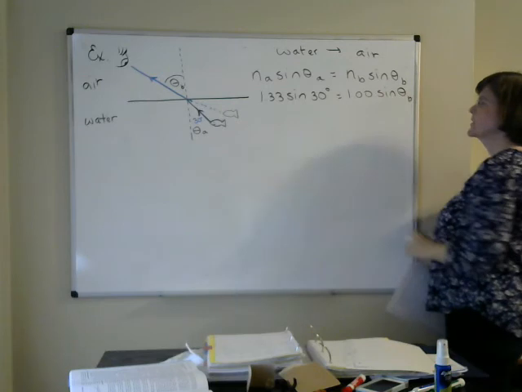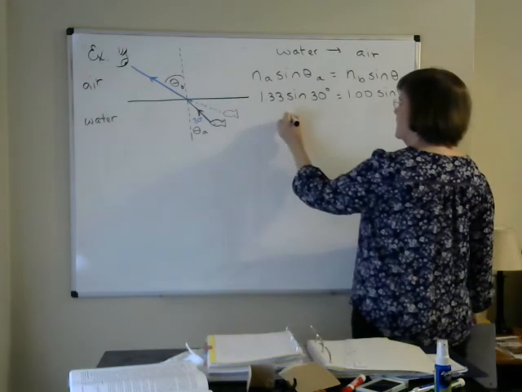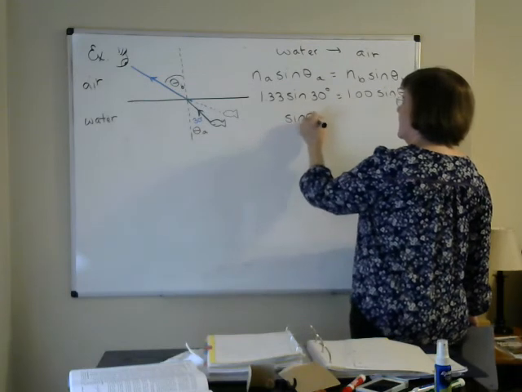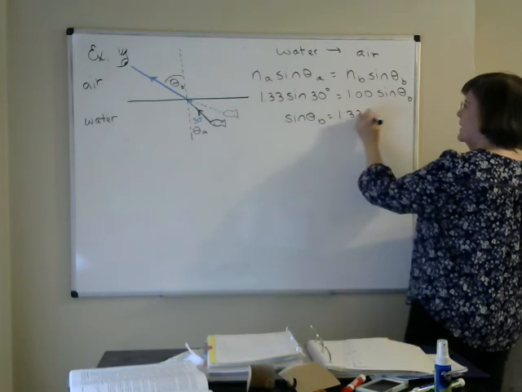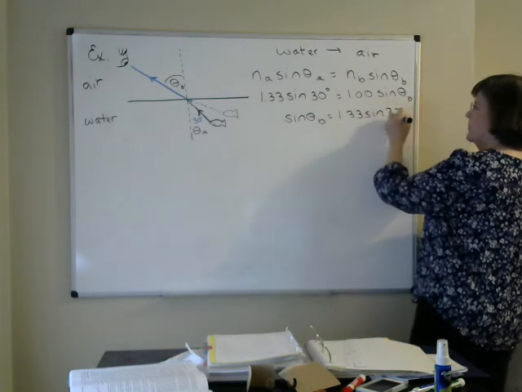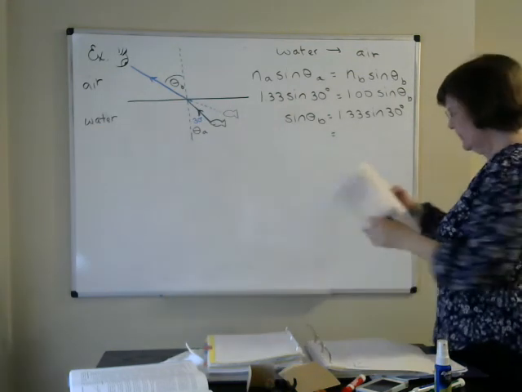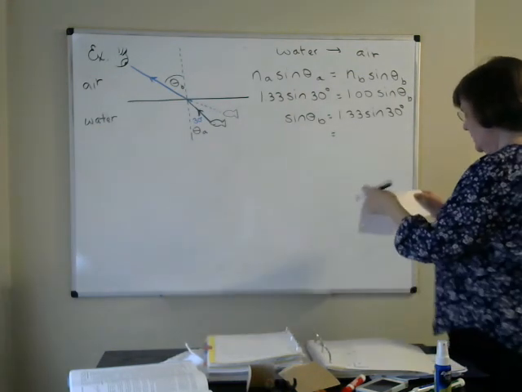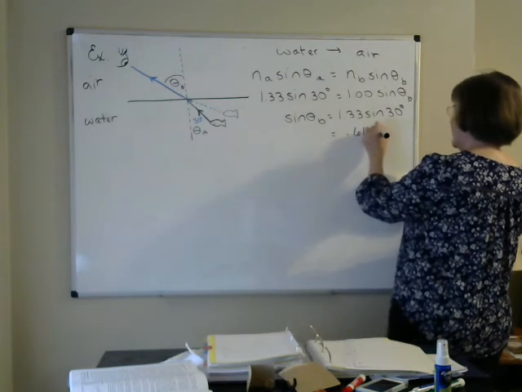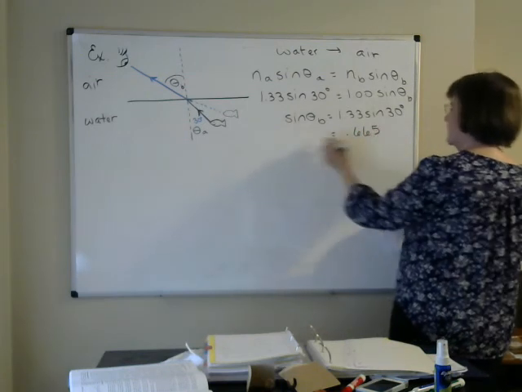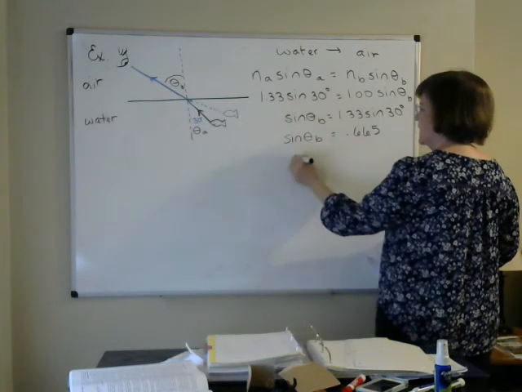So we can actually solve for this angle. Sine theta B equals 1.33 times sine of 30 degrees. If I put that in a calculator, that comes out to be 0.665. So I actually have to do a sine inverse.